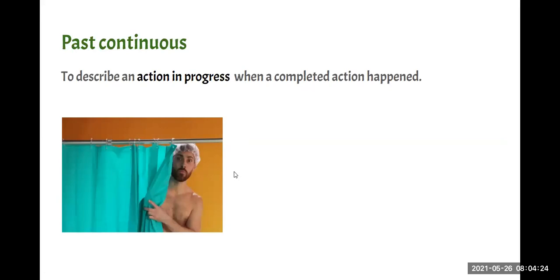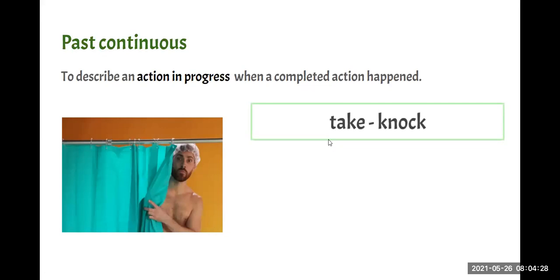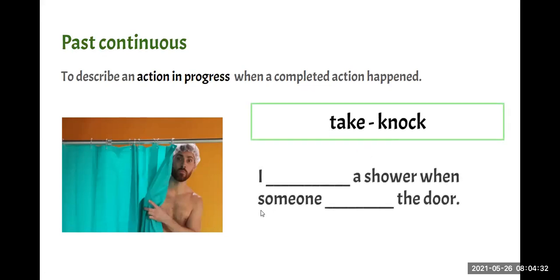He's taking a shower. Taking a shower, right? Okay, pay attention to this. We're going to use these two verbs in this part of the story. I was taking a shower. This is an action in progress, right? When someone knocks the door.